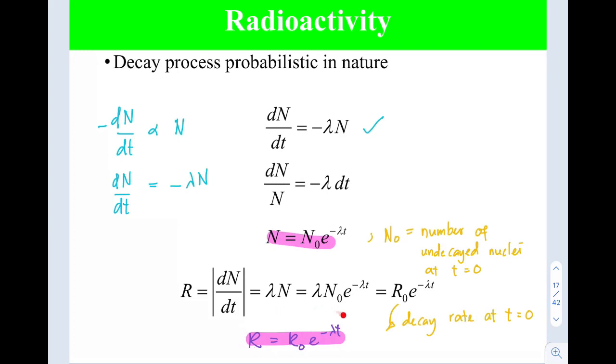Okay, so this is also known as the decay rate, activity, or radioactivity of the nuclei at time t.